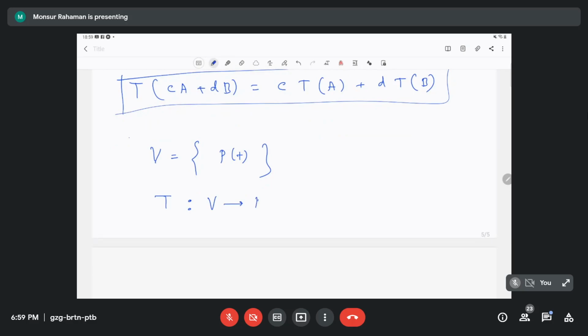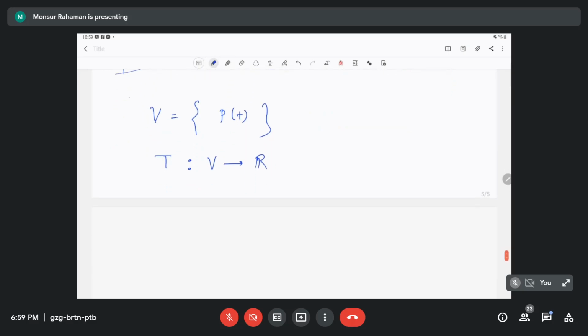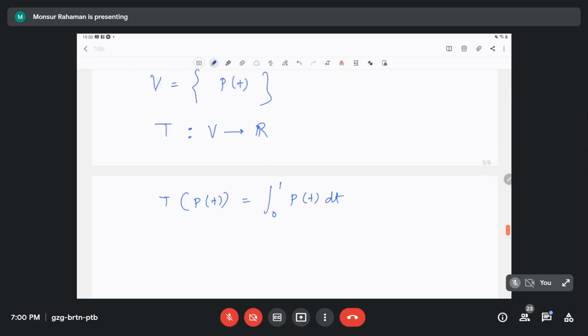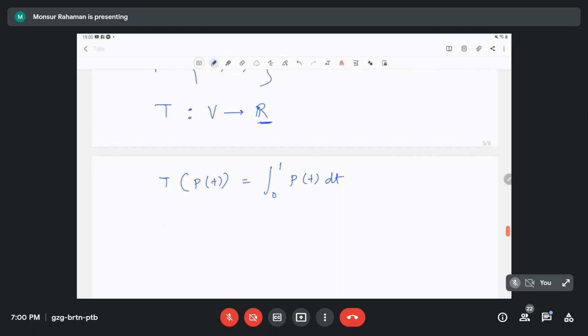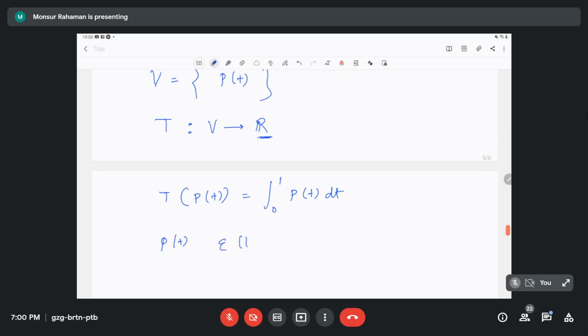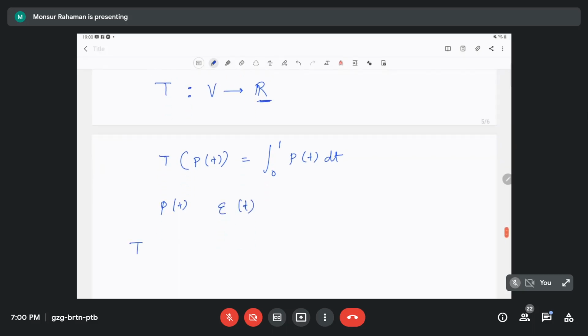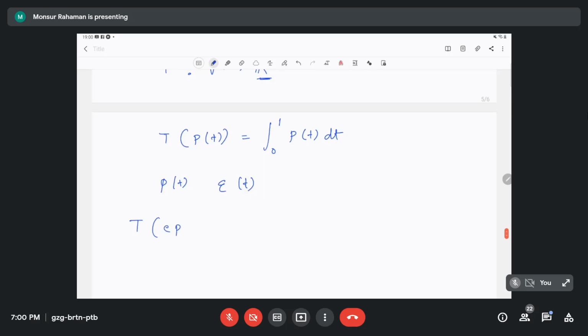So T(p(t)) is the integral of p(t). This is an example of a linear functional because the output is in R. Well, it has to follow the linear transformation rule. So let's take two vectors p(t) and q(t), and also two constants c and d.